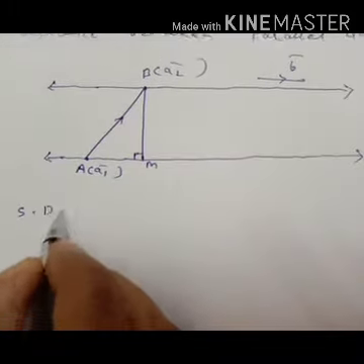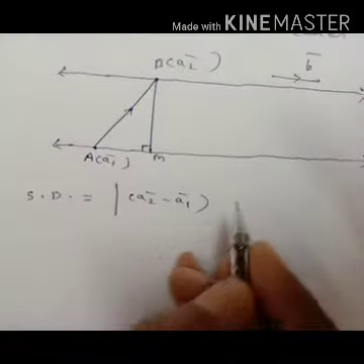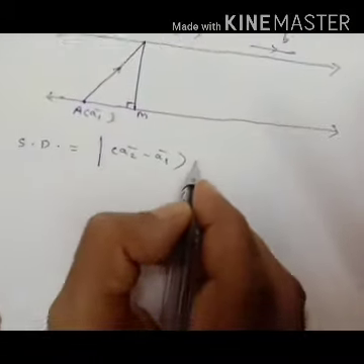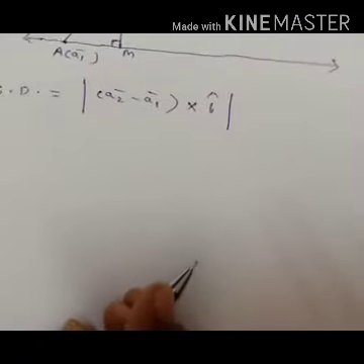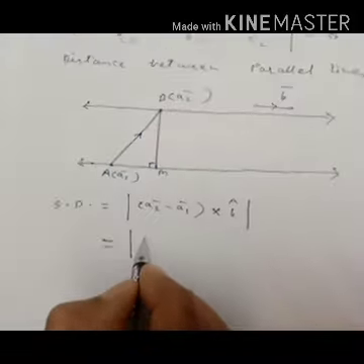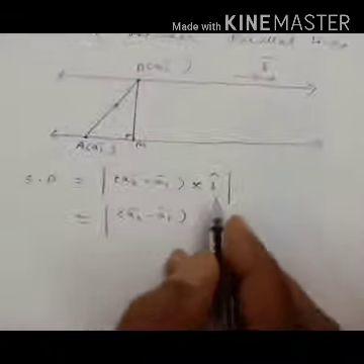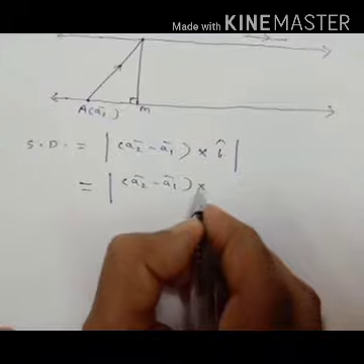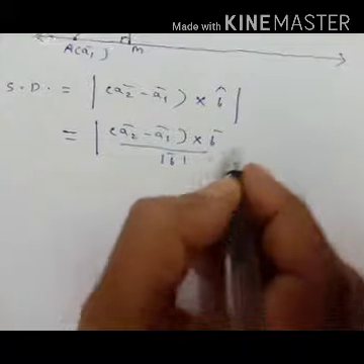Now the shortest distance between these two lines is given by mod (a2 bar minus a1 bar) cross b cap, where b cap is a unit vector along b bar, or the same can be written as mod (a2 bar minus a1 bar) cross b bar divided by the magnitude of b bar.